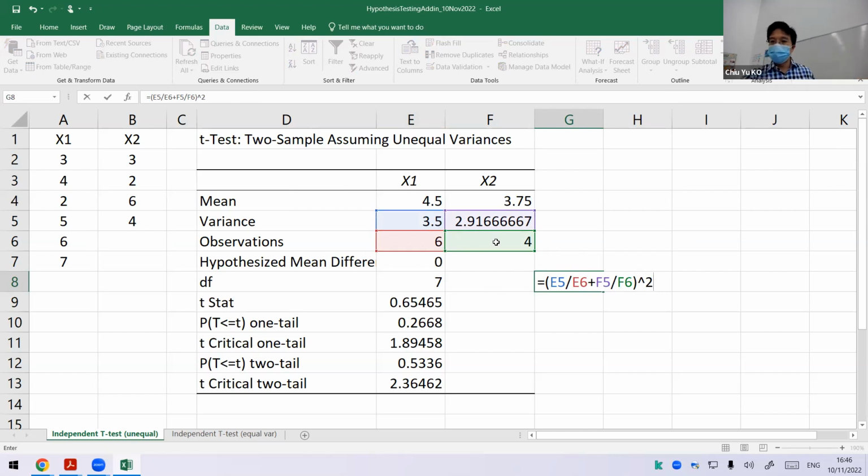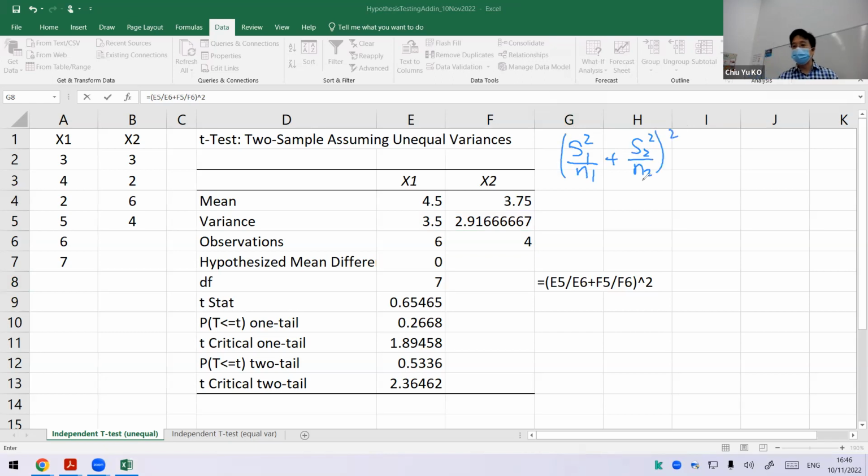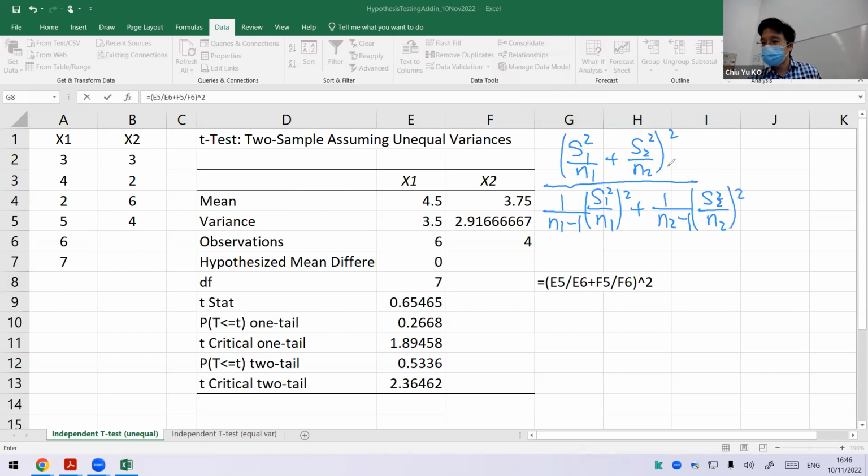If you look at the slide, actually this is the case: s1 squared over n1 plus s2 squared over n2, and take the overall square. That is the numerator. And then the denominator will be s1 squared over n1, squared, times 1 over n1 minus 1, plus s2 squared over n2, squared, times 1 over n2 minus 1.